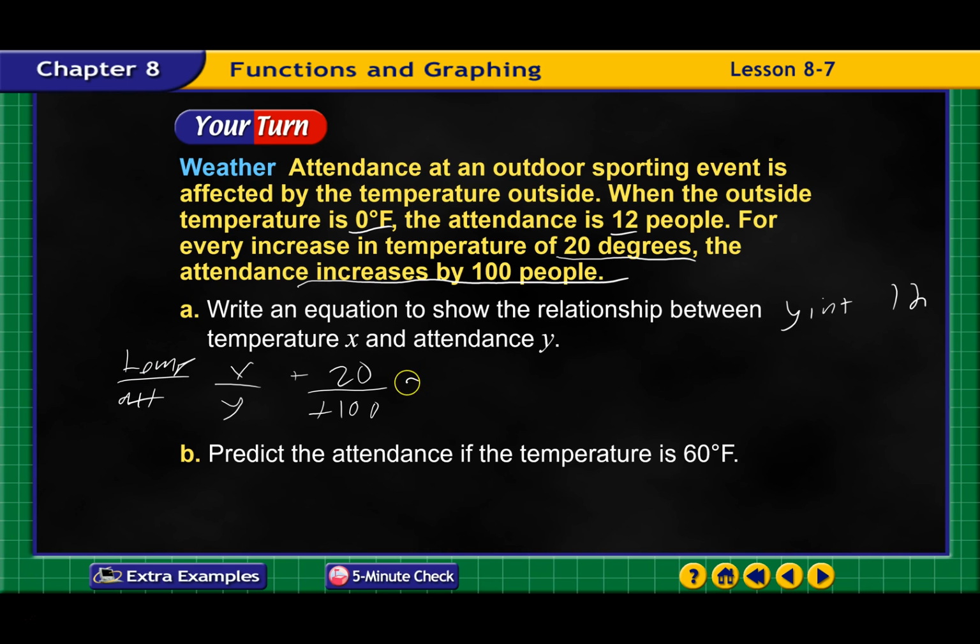So when I reduce that down, that'll go to 2 over 10. 1 over 5 would be my slope. So I can make y equals 1/5 x plus 12.